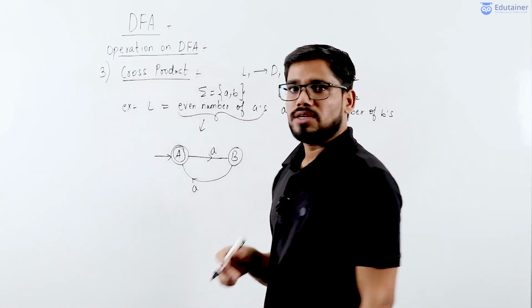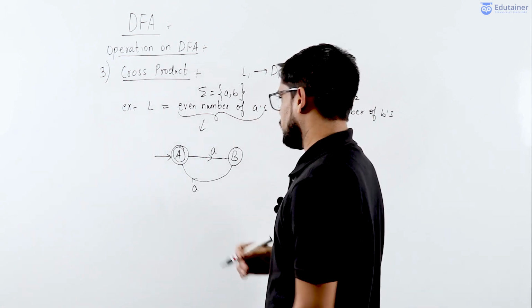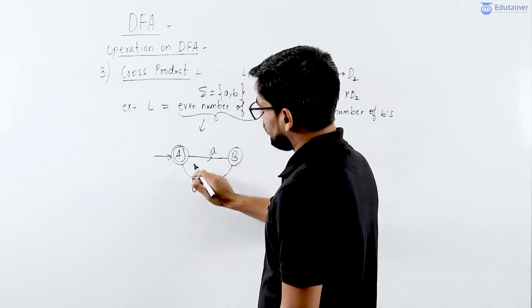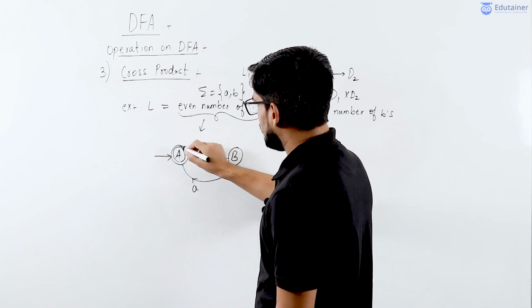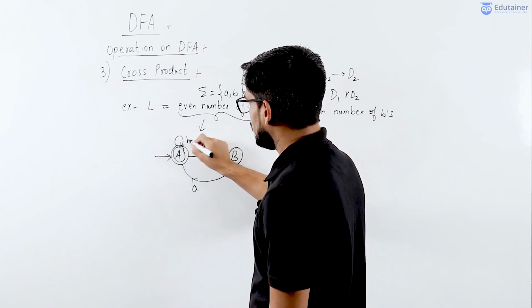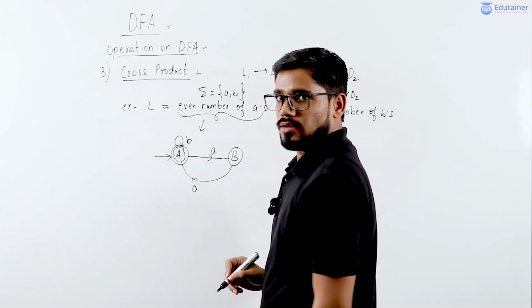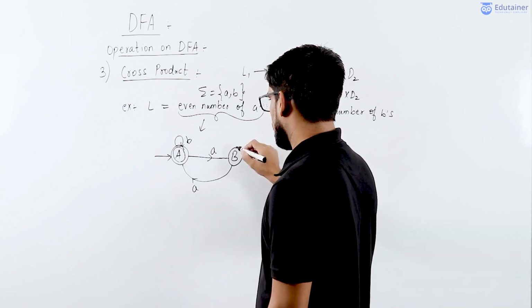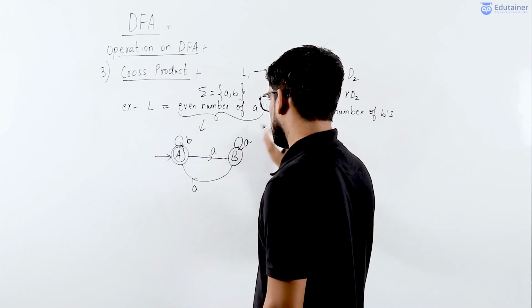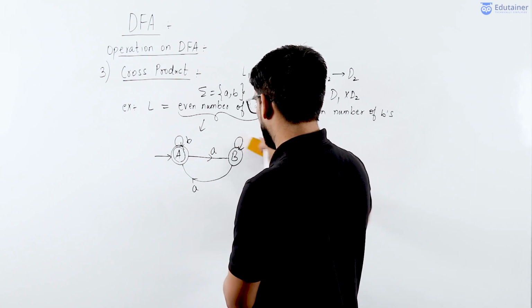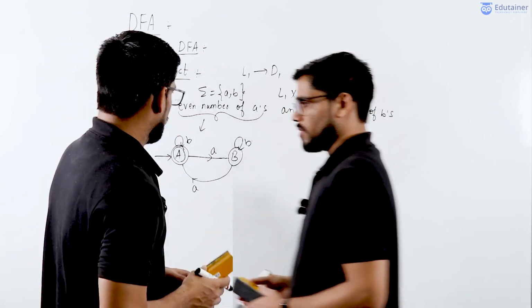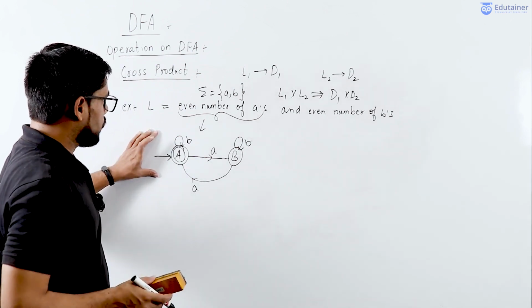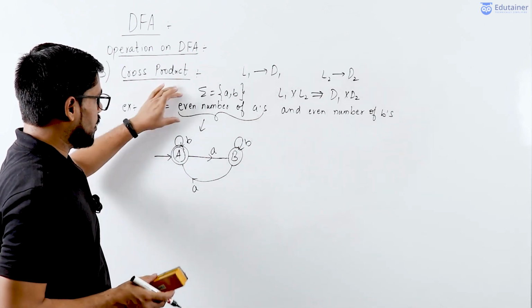And what about the symbol b? If I see b, then I will remain in the state capital A itself, and here on small b, I will remain in capital B itself. So this is the transition diagram for even number of A's.